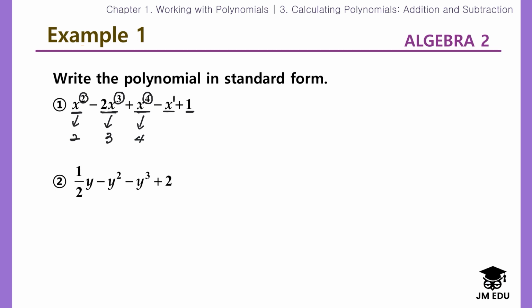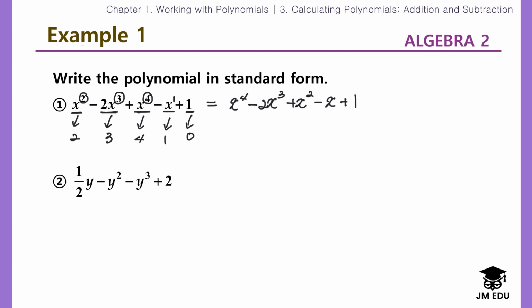This term, degree 1. Constant, its degree is 0. So we have to rewrite this polynomial. Highest degree first: x to the 4 minus 2x cubed plus x squared minus x plus 1. This is the polynomial in standard form.